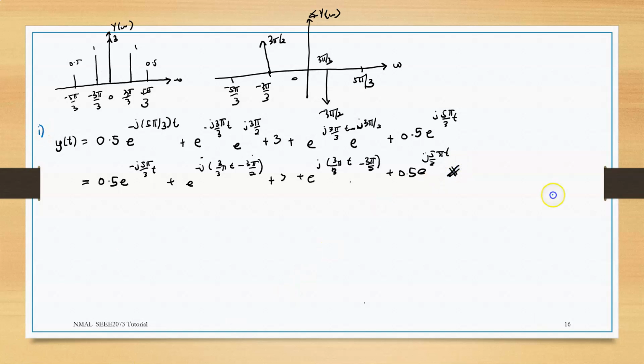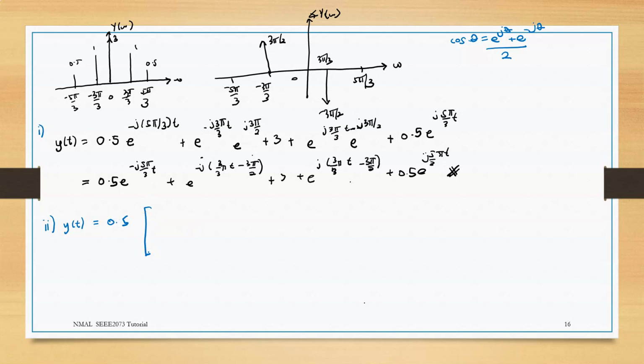Now you have to use Euler's relationship, cos theta equal to exponent j theta plus exponent negative j theta divided by 2. From the above equation, you can rearrange for the same omega. So first, y(t) equal to 0.5.